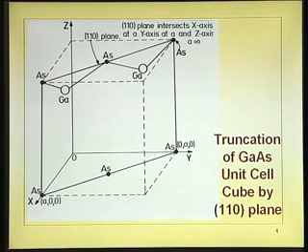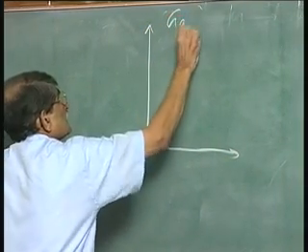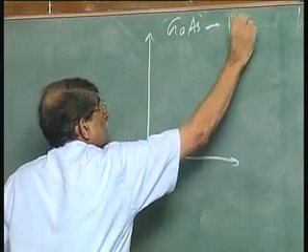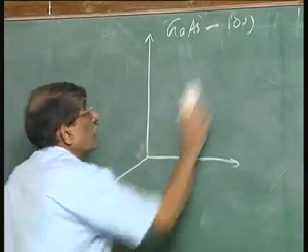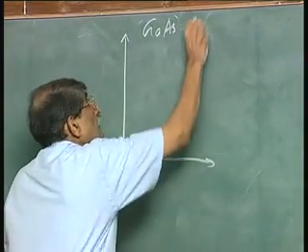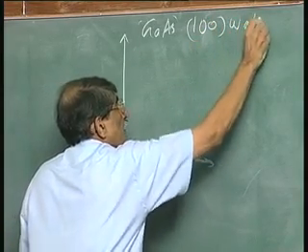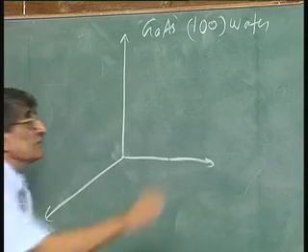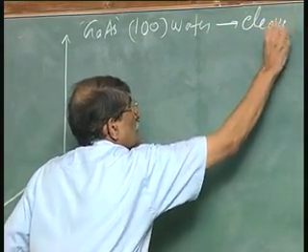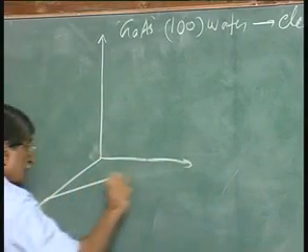See, if I take gallium arsenide, 100 wafer, and then cleave, you get a plane which is like that.